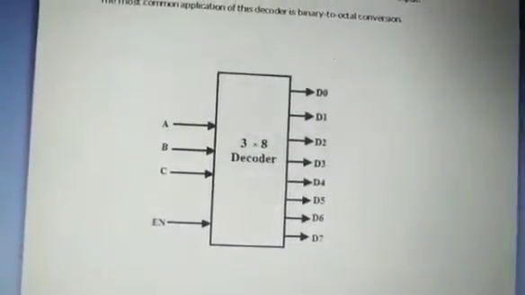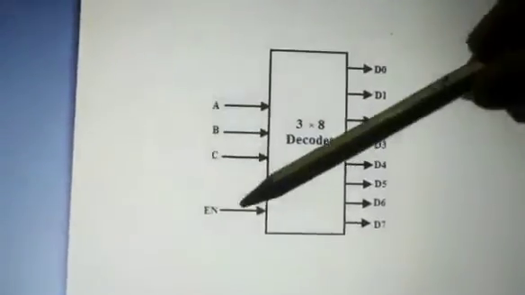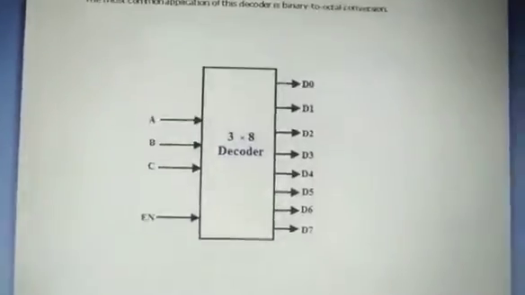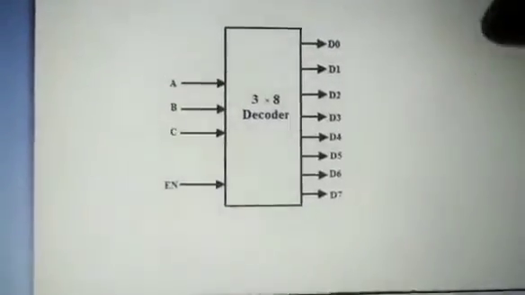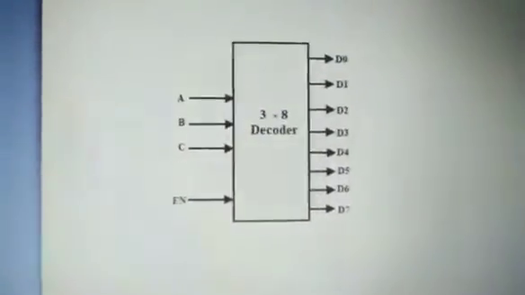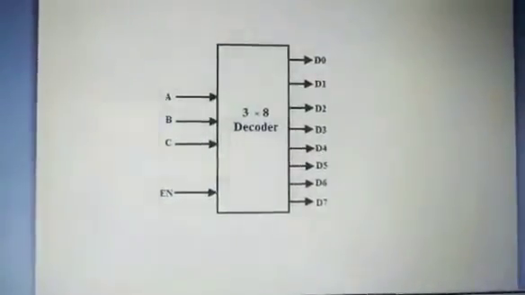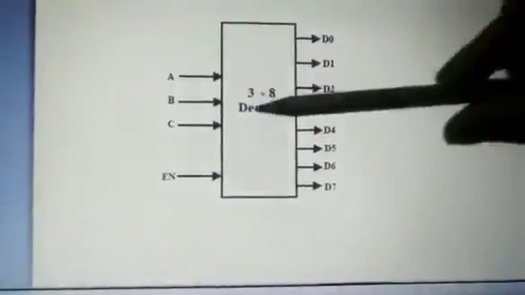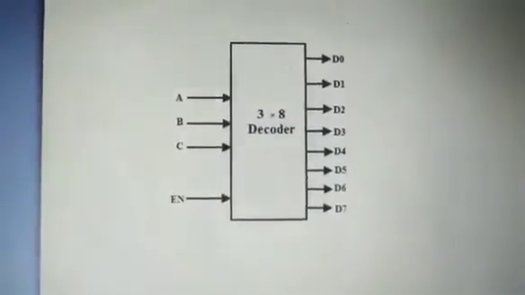Hence the decoder is enabled only if the enable is high. If you are giving a high signal in the enable input line, then only the total circuit becomes activated, and depending upon the 3 inputs, it will select any of the outputs. If you pass a low value in the enable input line, then this circuit will not be activated. You will not get any values.